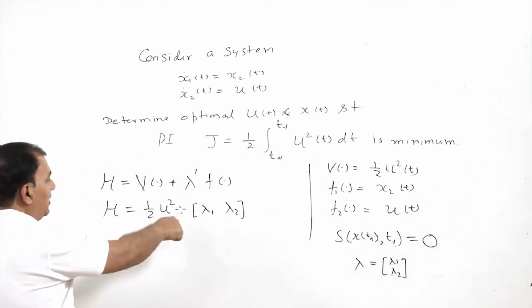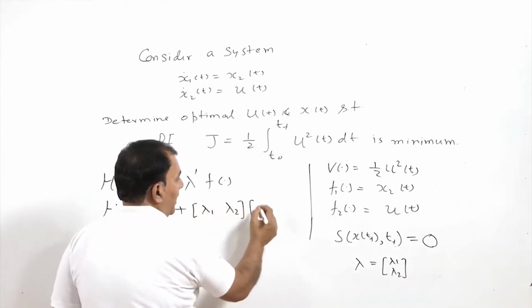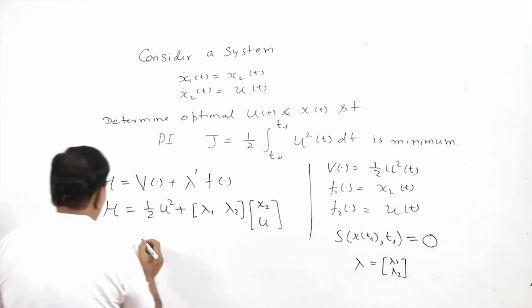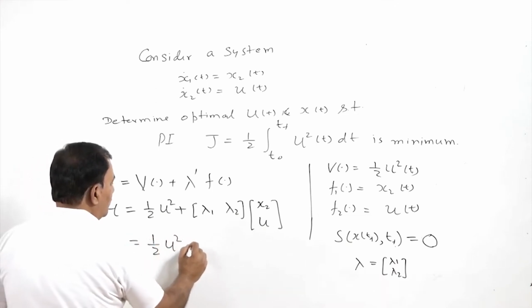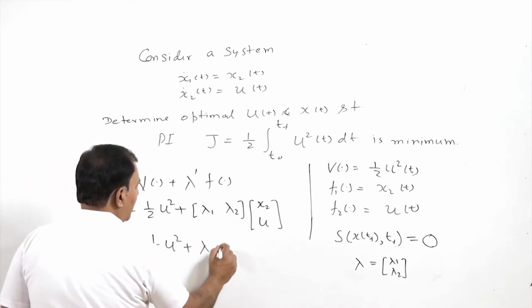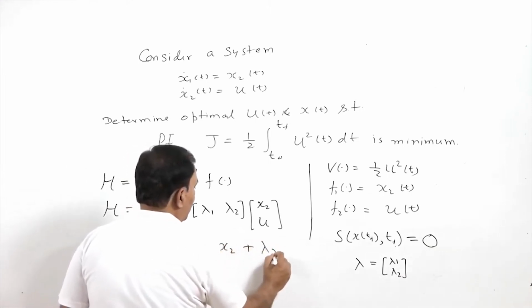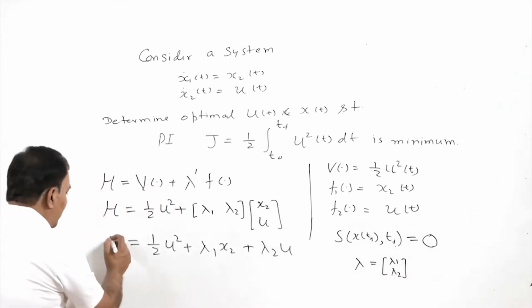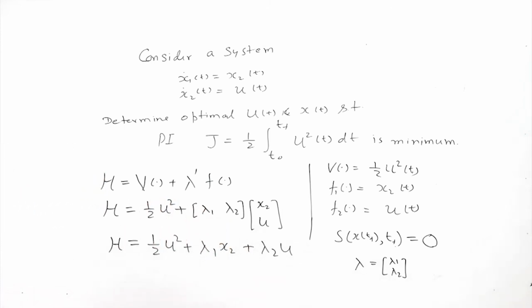Lambda prime times f1, f2 is nothing but x2, u. So I can define my H as half u square plus lambda 1 x2 plus lambda 2 u. Here this H is defined as this equation.